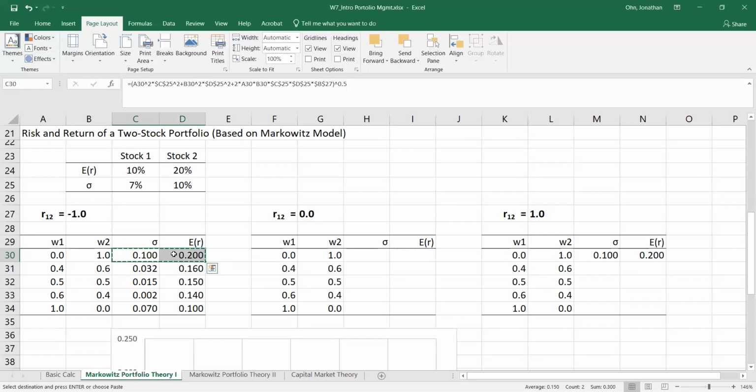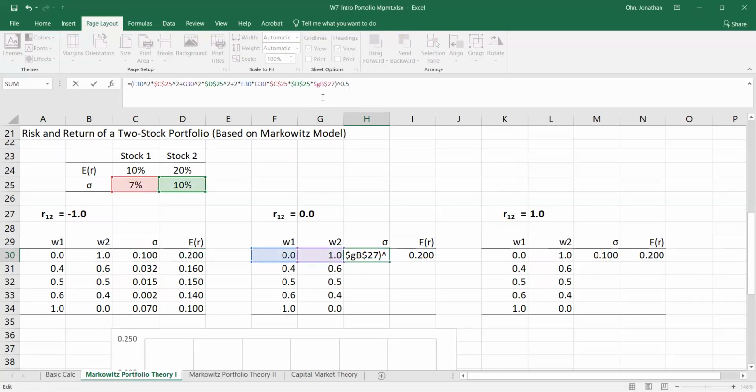I think we can directly copy there, except we have to change this correlation coefficient. B27, now this time is G27. Okay, so when the correlation coefficient is 0, then we apply everything here.